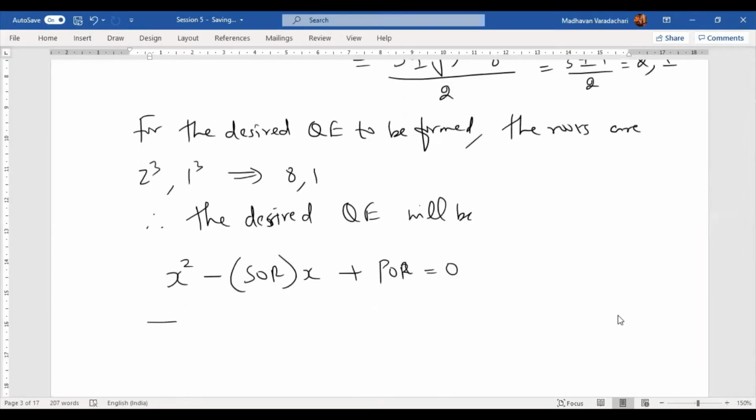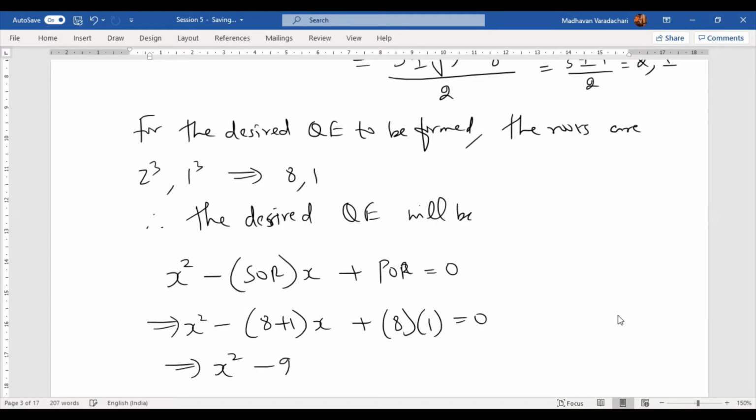X square minus sum of the roots, which means 8 plus 1 times x, plus product of the roots 8 into 1, equal to 0. Which means our required quadratic equation is x square minus 9x plus 8 equal to 0. That's all.